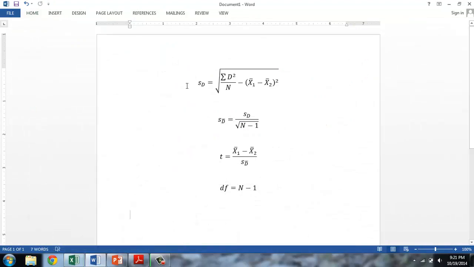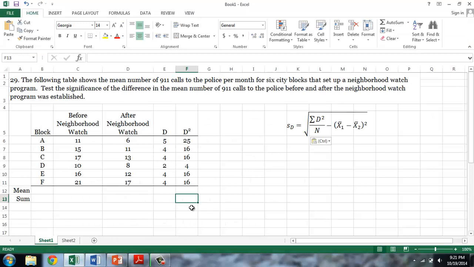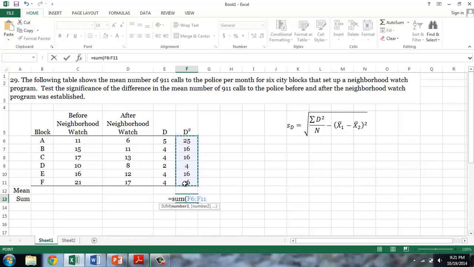As the formula shows, we need to sum those squared differences. So I will type equals sum, select the squared differences, and I arrive at a sum of 93. I also need the means for before and after the neighborhood watch.